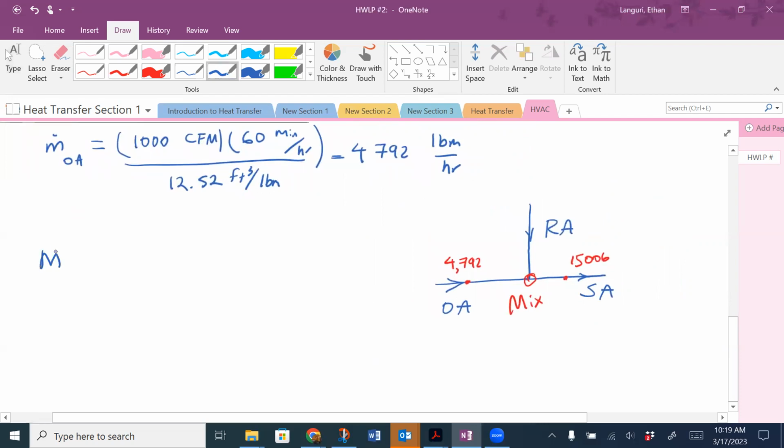That m dot of return air is nothing but total supply minus the outdoor air, 4,792. So my return air mass flow rate is 10,214 pound mass per hour.